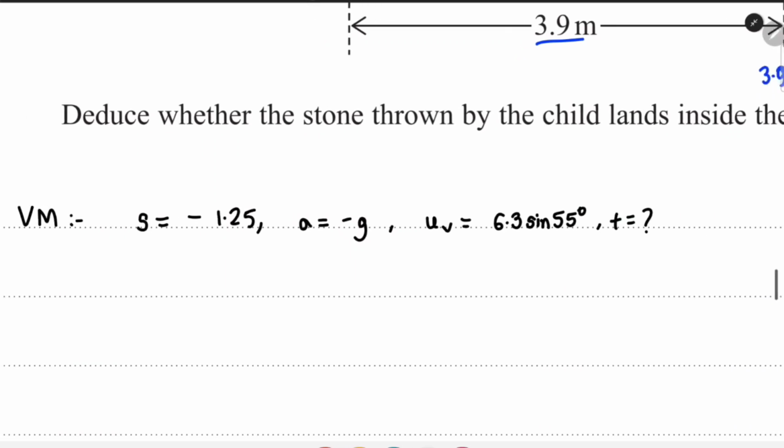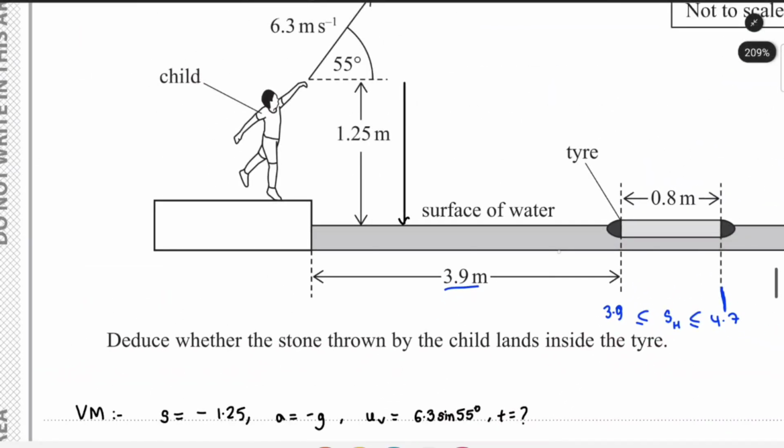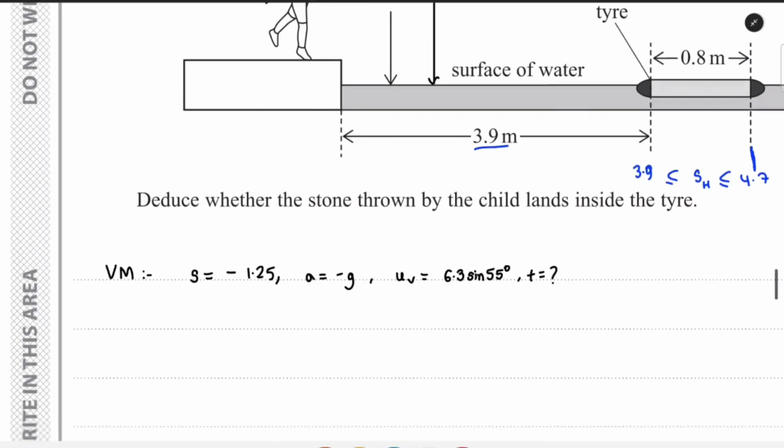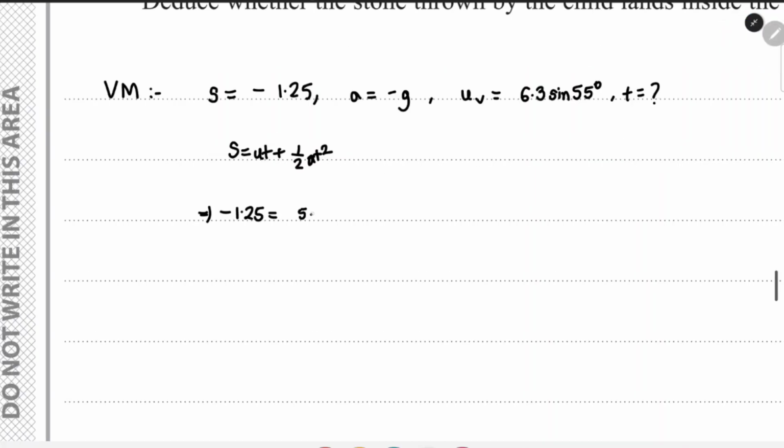I want to find the flight time over here. I'm going to need the flight time because that's what I'm going to use to find the horizontal displacement. So in this case I use S equals ut plus half at squared. Minus 1.25 is equal to 5.16 t plus half into minus 9.81 t squared.